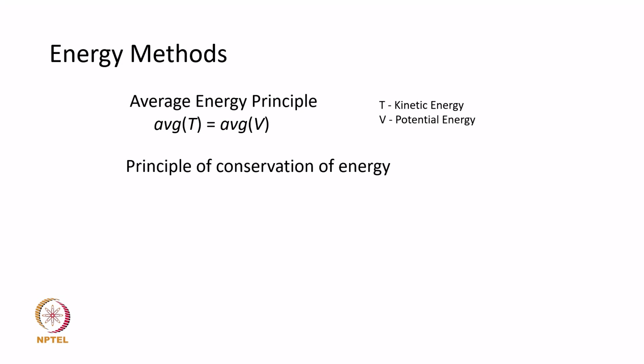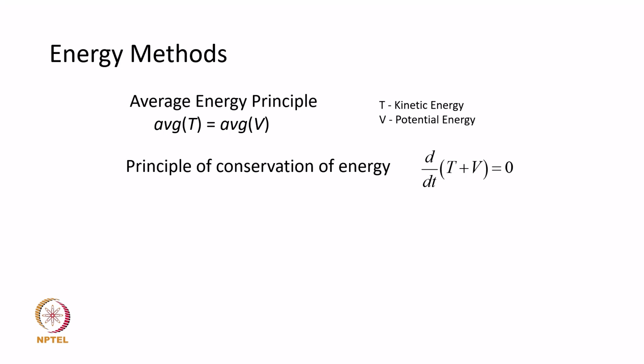The other method is the principle of conservation of energy, wherein the total energy of the system is constant, or alternatively, the time derivative of the total energy of the system is equal to 0.